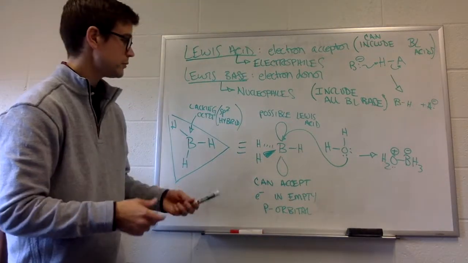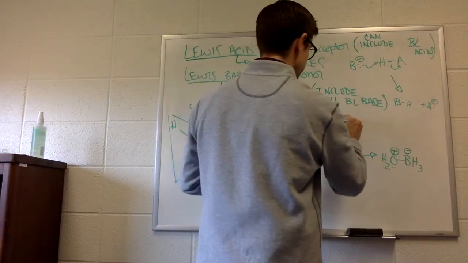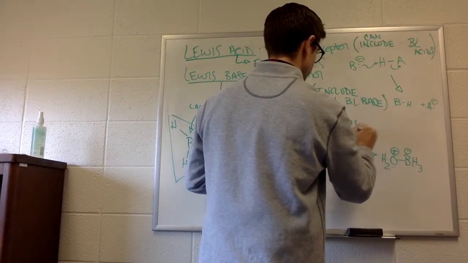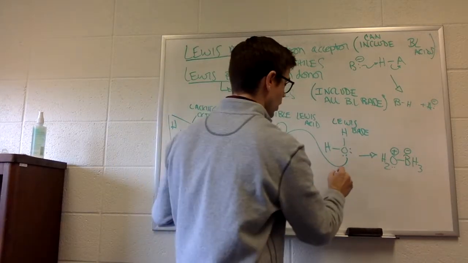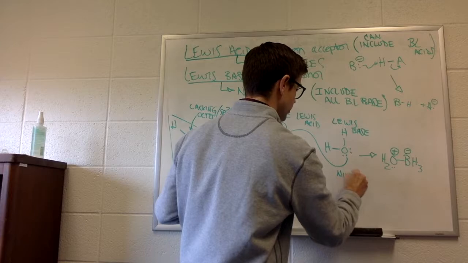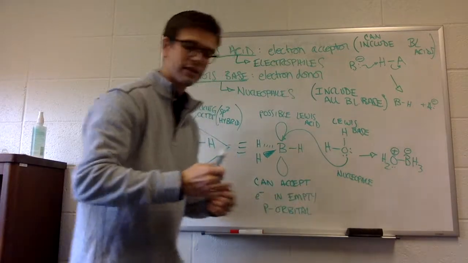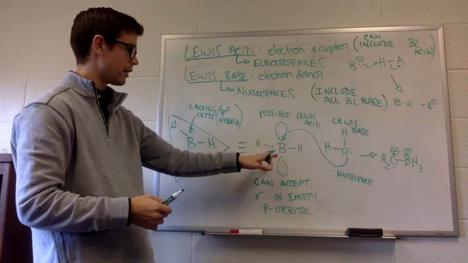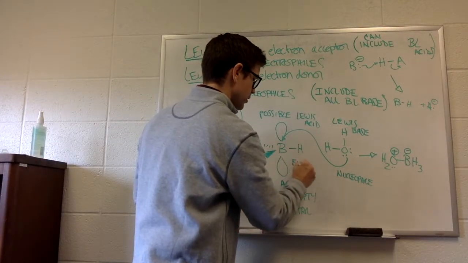So this was the Lewis acid. This was the Lewis base. And we can also say in this reaction, water was the nucleophile. Water added its electrons to the nuclei of boron. This was the electrophile.